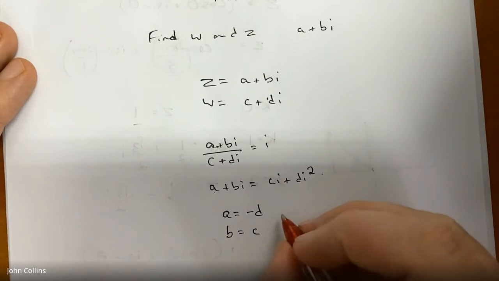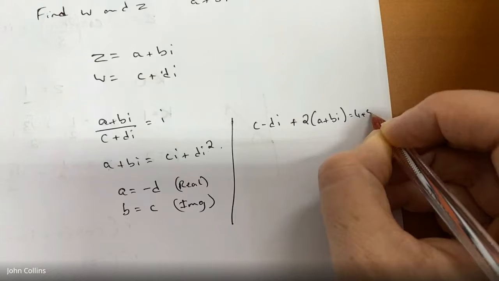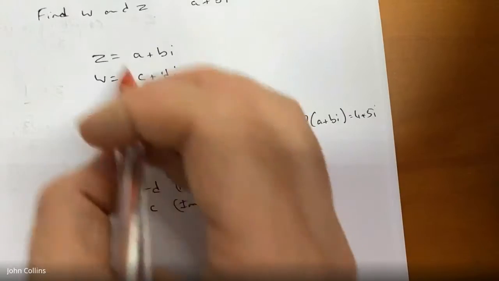And then with the other equation, I substituted what I wrote for Z and W into that as well. So W conjugate would be C minus DI, and 2Z would be 2 times A plus BI, and that's equal to 4 plus 5I. That's the two bits of information from equation 1 and 2.